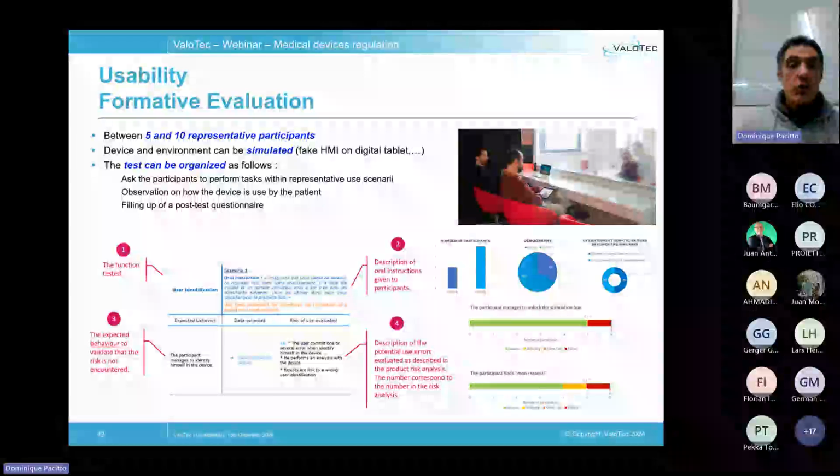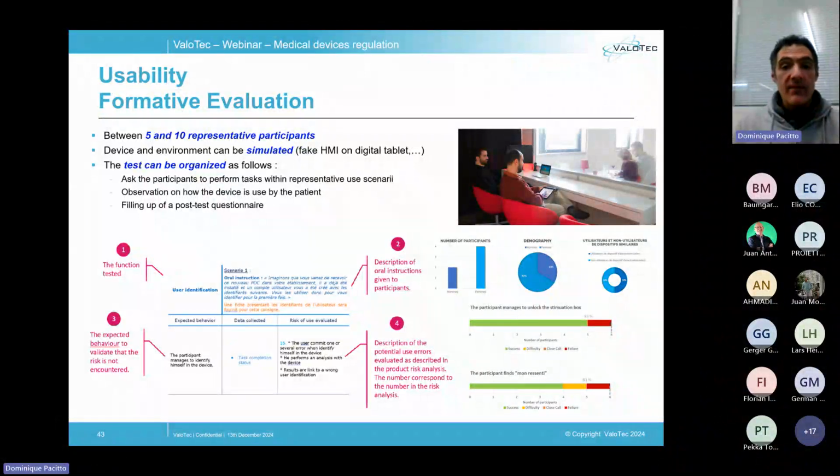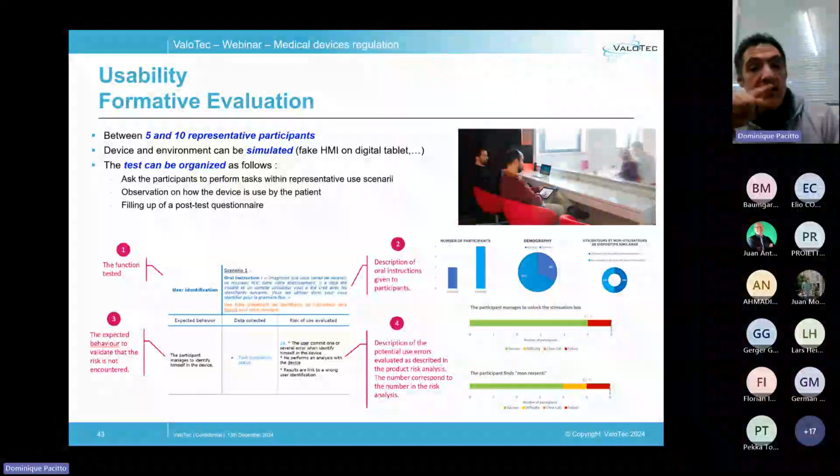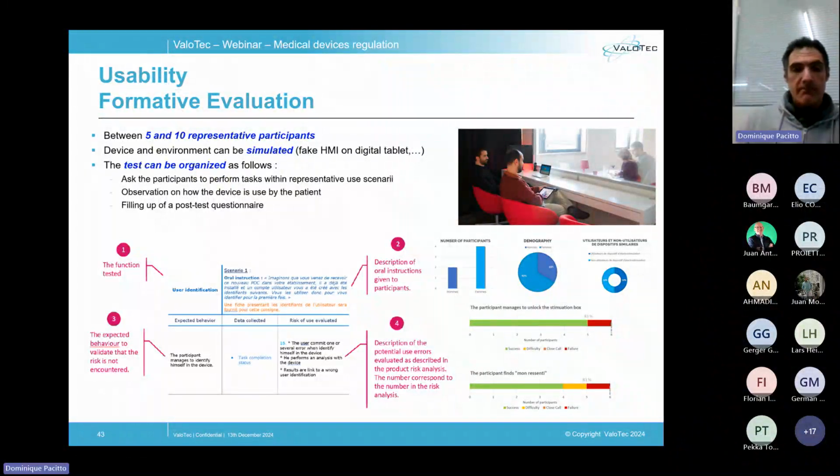The scenario of the test should be defined accurately. Each test should indicate the function under test, the expected behavior of the participants, and the acceptance criteria. And even the behavior of the mediator and the oral instructions should be defined accurately and should be the same for all participants.